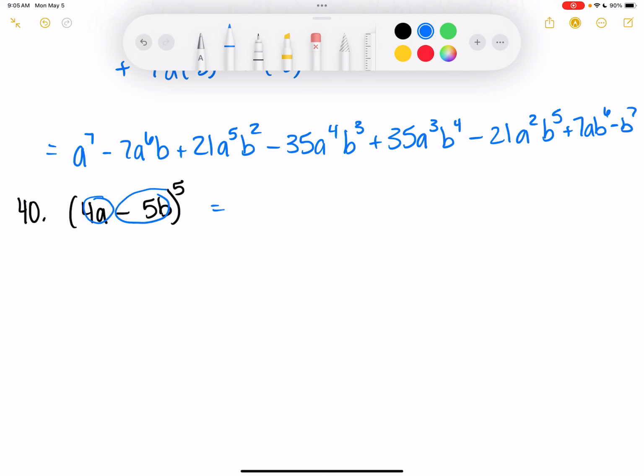So this is really like 4a plus negative 5b, and I can do that, all raised to the fifth power. That's just so that I can visually see what's being raised. So it's not just the variable that's getting raised to the power, it's that whole thing.